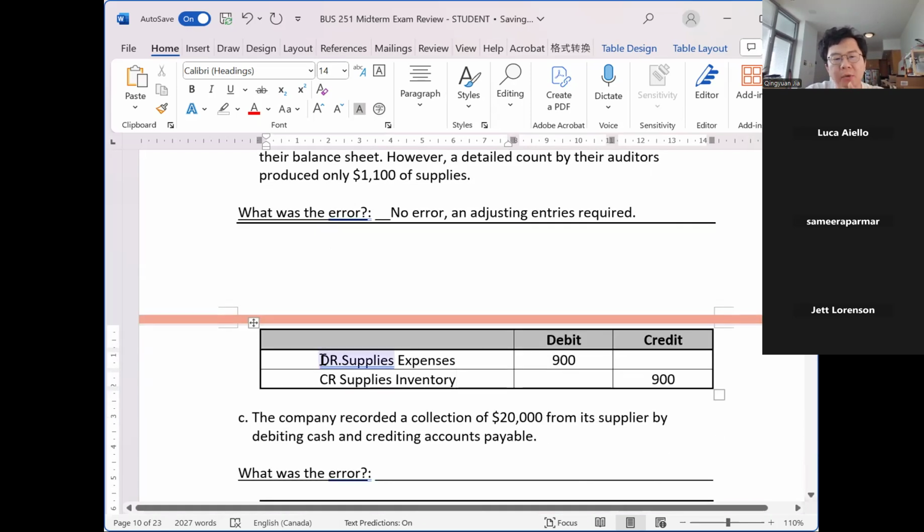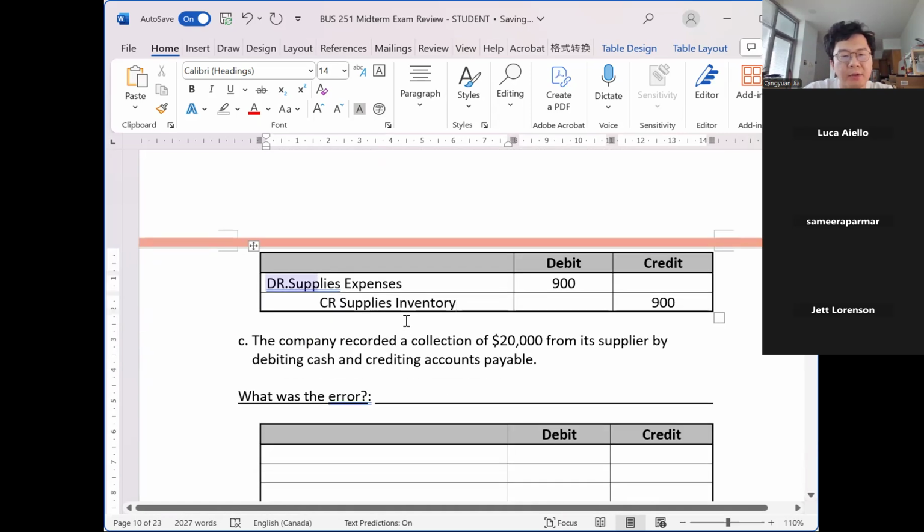And in an exam, you can also just put inventory here, or inventory dash supplies, or inventory bracket supplies. It's all no problem.